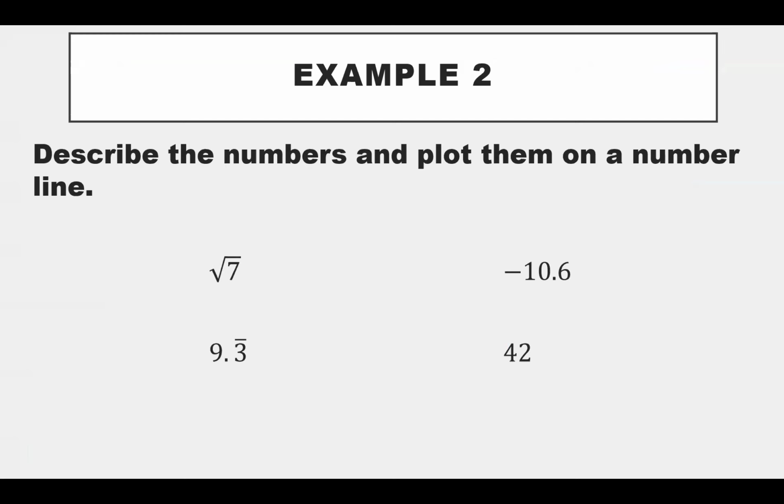And then 42. So if you want to push pause on this video, state what types of numbers each of these are, and then plot them on a number line. I'll show you how that's done in a couple of seconds.